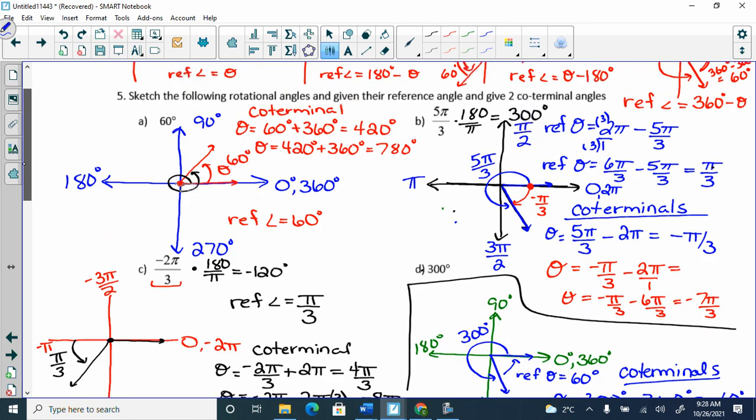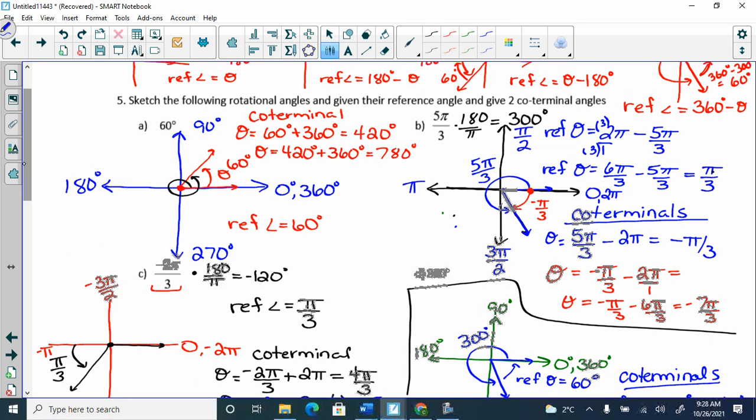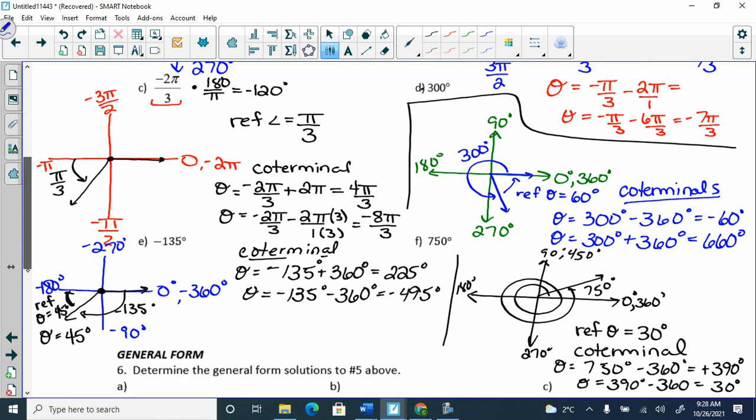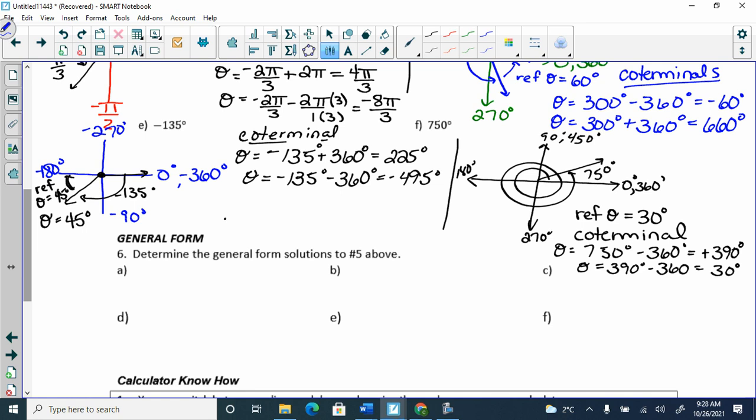6a is in degrees, so I'm going to give my general form in degrees. How I always start my general form, I'll show you down here, is theta equals your principal angle, so it's always your angle between 0 and 360.